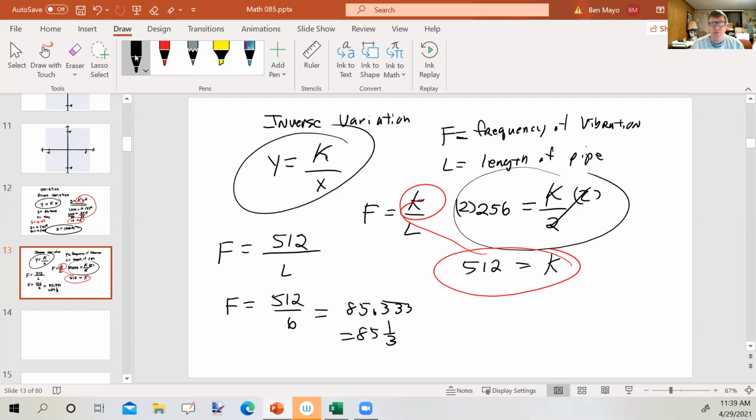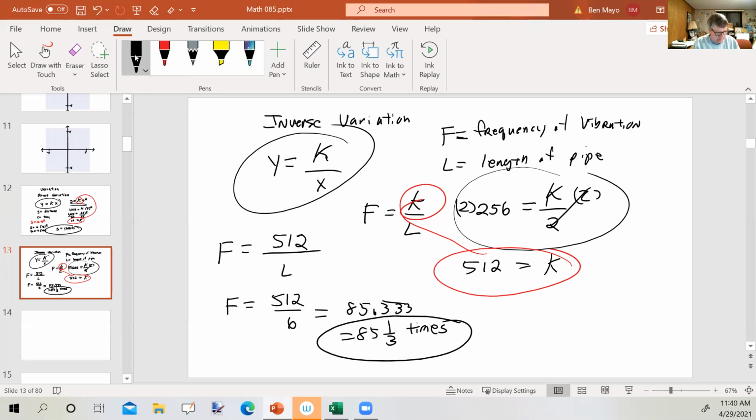Recall that 1/3 is 0.3 repeating, 2/3 is 0.6 repeating. In WebAssign, you don't want to use a repeating and you don't want to use a rounding off decimal. You want to use pretty much mixed numbers or most likely improper fractions. But in this case, it's 85 1/3 times. So that is the frequency of vibration per second.